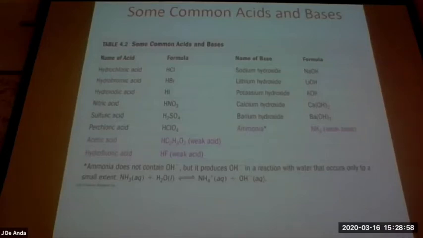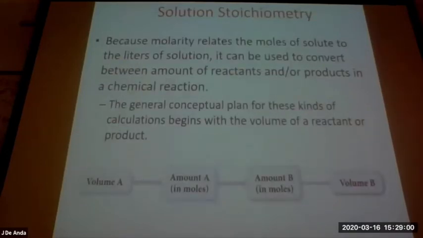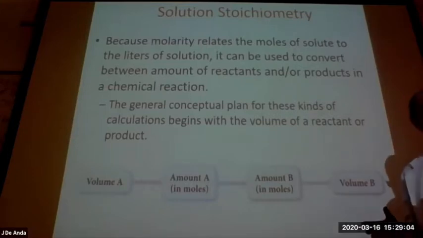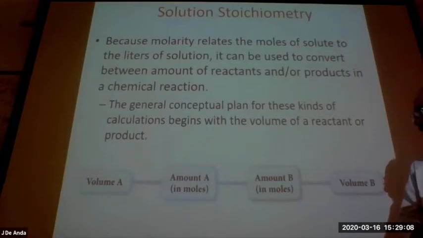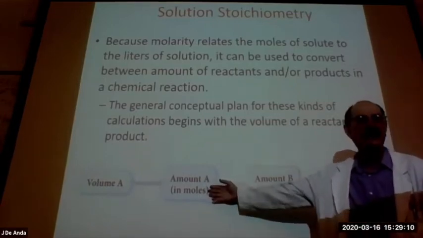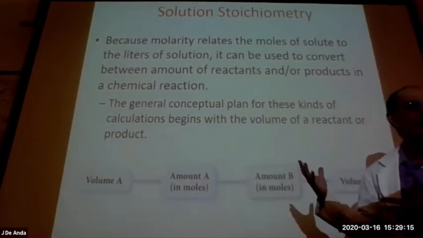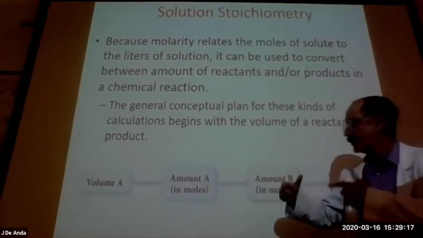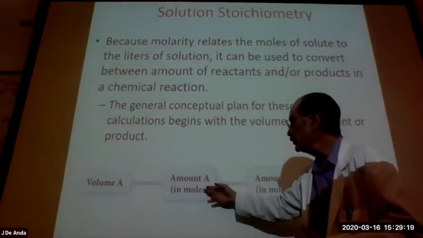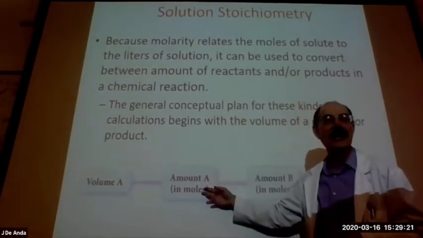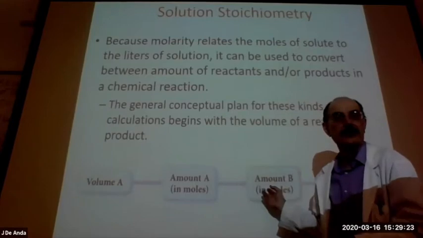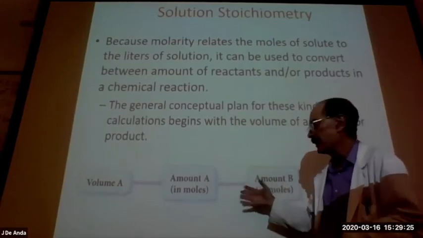As I said, when you are doing a chemical reaction, we have studied stoichiometry, first of all, with pure substances, where, for example, my reactant in question was given in grams. And to bring it into the chemical equation, I had to convert it to moles. So I could use the ratios of the reaction to calculate either the other reactant or the product or whatever.